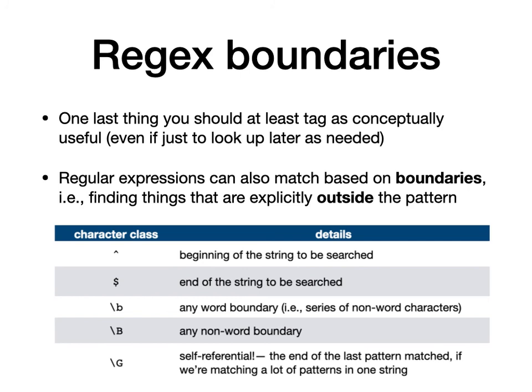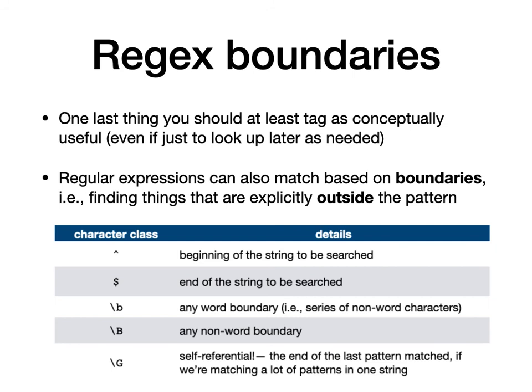But there's also the \b, which says find a boundary between word and non-word characters and put it here. And then \B is the opposite, of course. And then there's even this trick you can pull where you can be self-referential. You can say, find from the end of the last time this pattern matched. So if you're matching multiple patterns in one string, start there, which is interesting. It's a little bit recursive. It's a little tricky, but it's something to have.